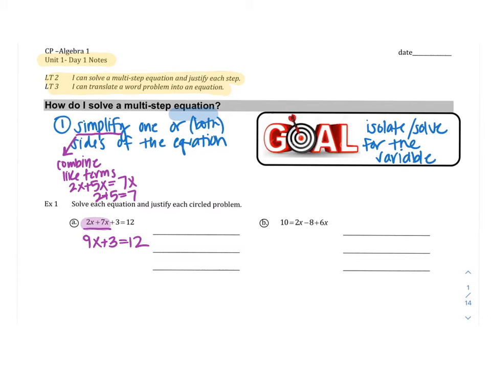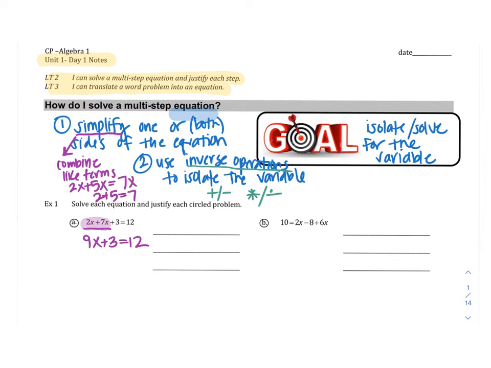Then the second step is to use inverse operations to isolate the variable. Let's review what inverse operations mean. Addition and subtraction are inverse operations of each other, as are multiplication, I'll use an asterisk, and division.